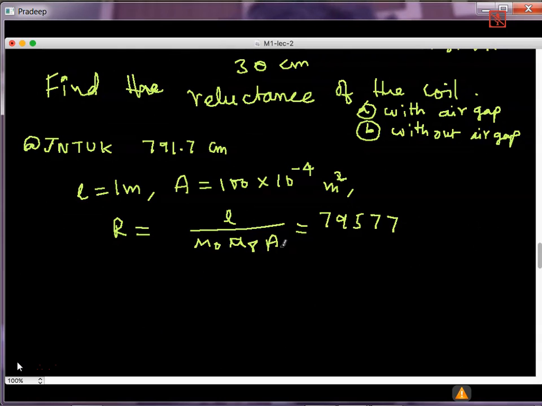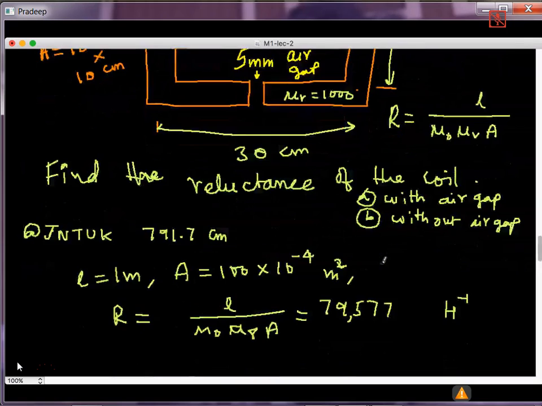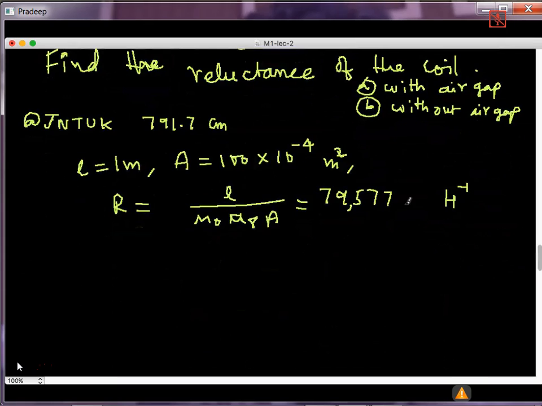The unit for this is 1 by Henry, or H inverse. So 79,577 is the reluctance of this particular material. This is without the air gap.